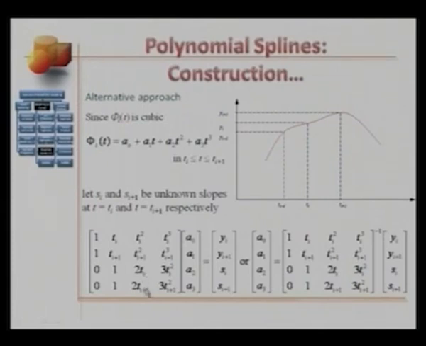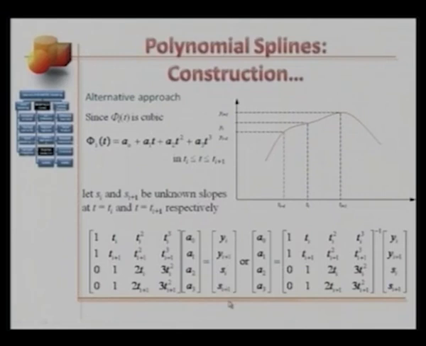These two terms will be corresponding to t i and t i plus 1 times 2, first differentiation of this term. And these two terms here would be corresponding to the first differentiation of this term here for values of t i and t i plus 1. This is a column vector comprising unknown coefficients, and these are the respective y i and y i plus 1 values here, and also the values of the two slopes, s i and s i plus 1.